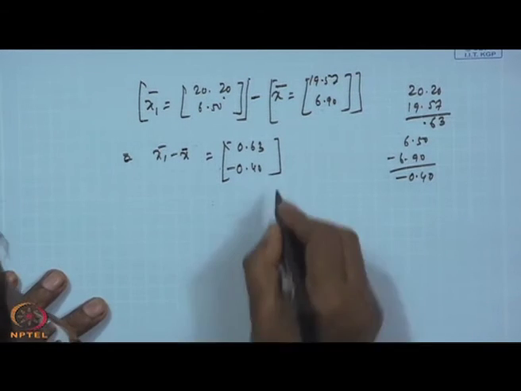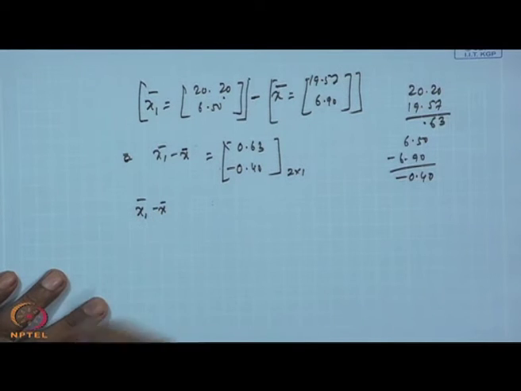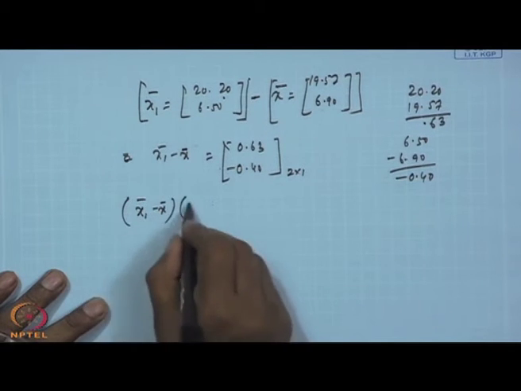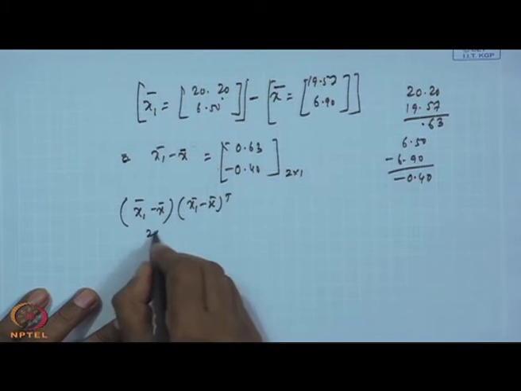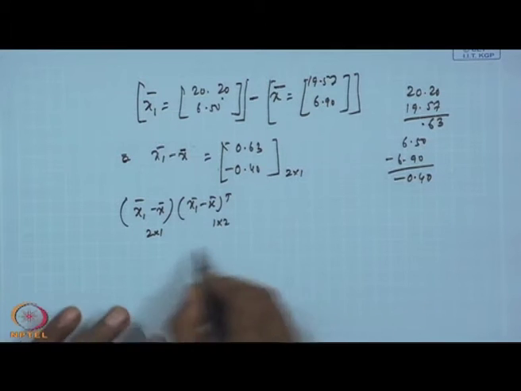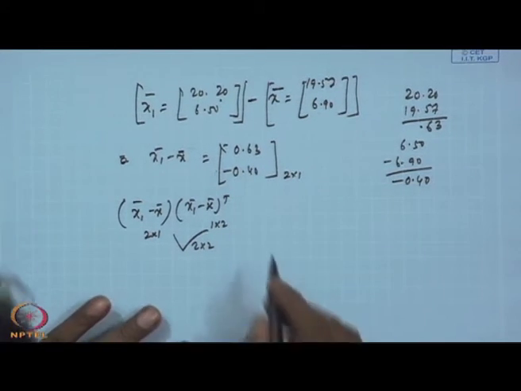So what do you require? You require to calculate (x1 bar minus x bar) into (x1 bar minus x bar) transpose. This is 2 cross 1, this is 1 cross 2, so your resultant matrix will be 2 cross 2, and that is what you want.